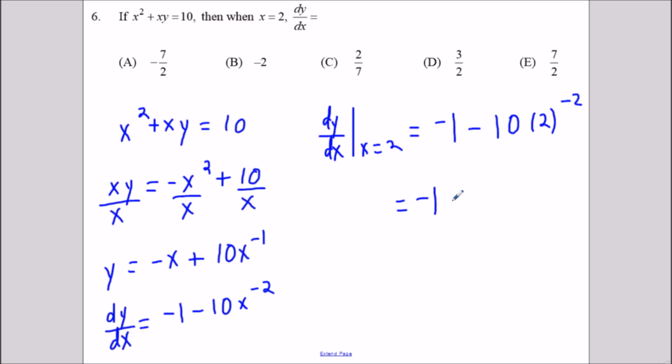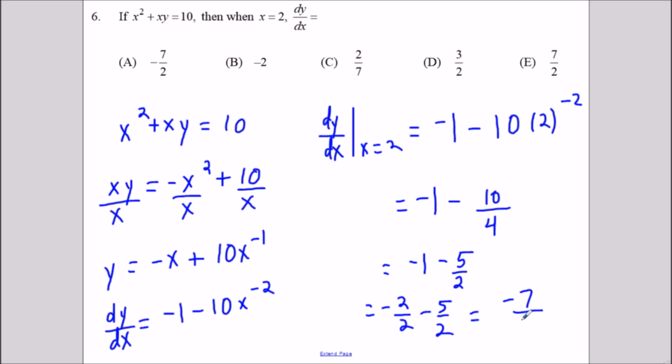This gives us negative 1 minus 10 over 2 squared, which is 4. This simplifies to negative 1 minus 5 over 2 if we reduce this. Then we simplify to negative 2 over 2 minus 5 over 2, which is negative 7 over 2, choice A.